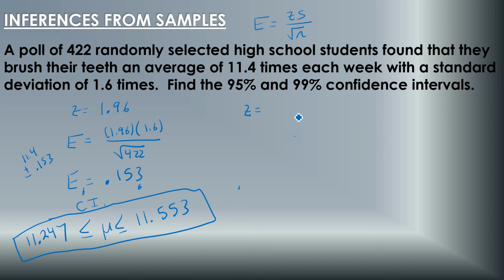And I get a score of 2.576. So my error is going to be 2.576 times my standard deviation, and this is my sample standard deviation, divided by the square root of my sample size, and that will give us the statistic that we are looking for, our error.